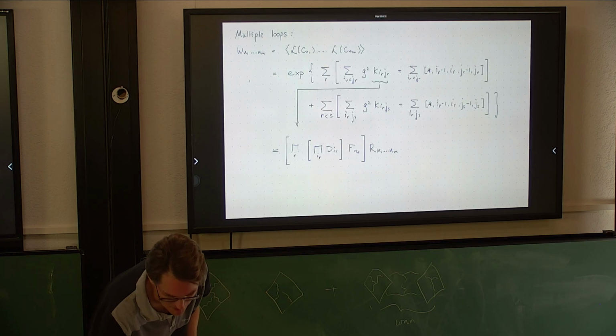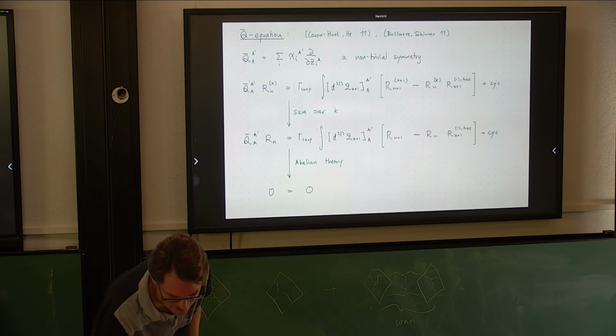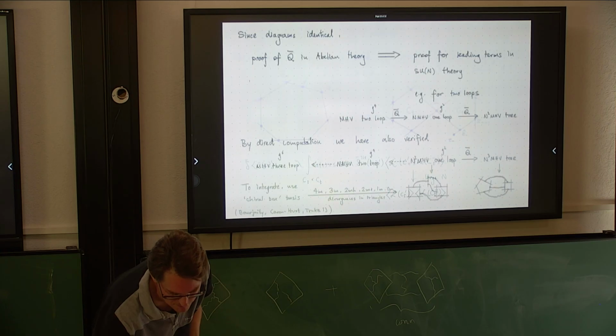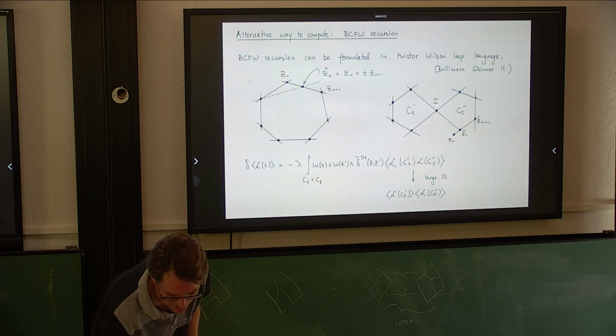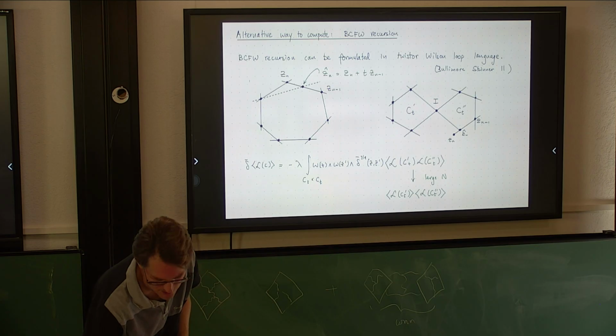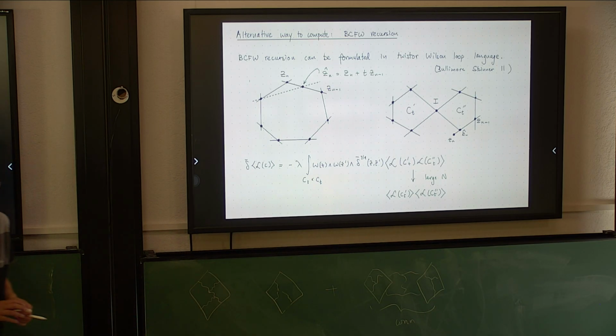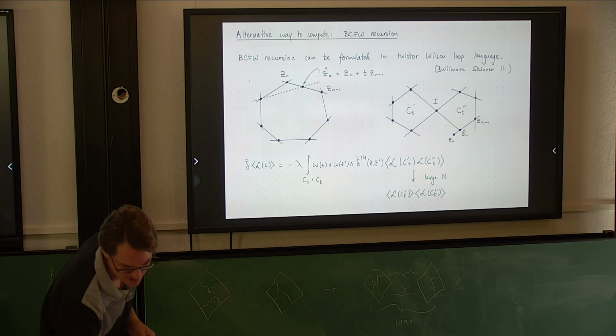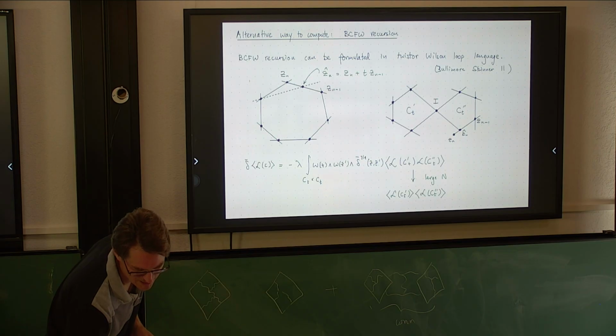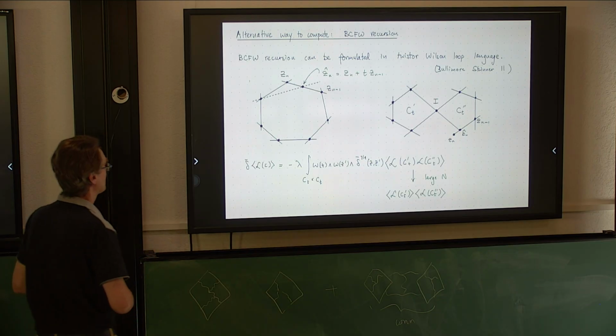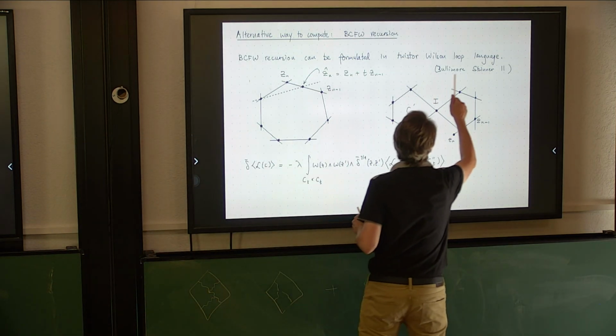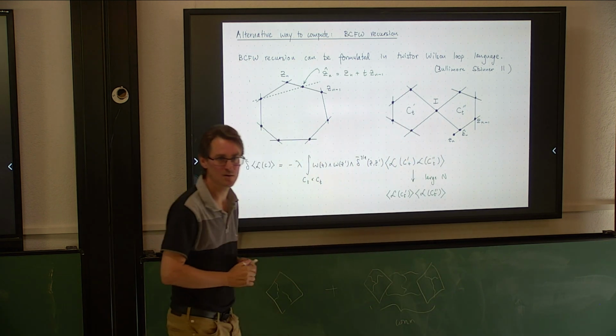Okay, let me skip the statements about the abelian theory and skip statements about the Q-bar equation. I could come back to that if there's interest, but I wanted to tell you about BCFW. Probably out of time. So this is a rapid version of the BCFW. The schematic idea is follow these guys, and you do this holomorphic linking procedure.